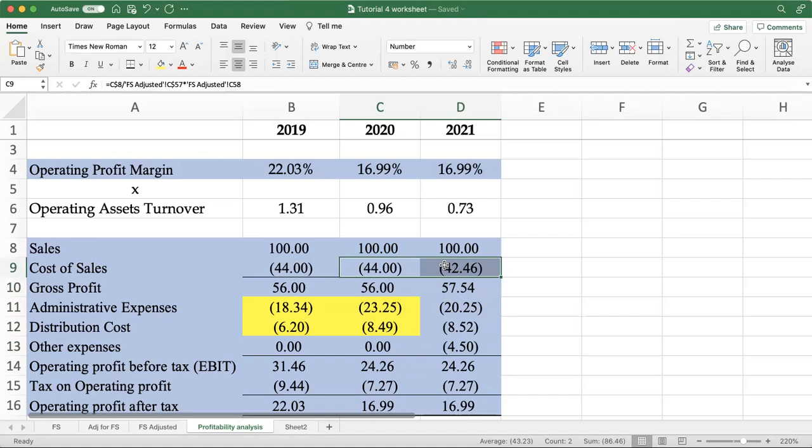So this is a favorable point. This is a good point. And the company attracted new sales.